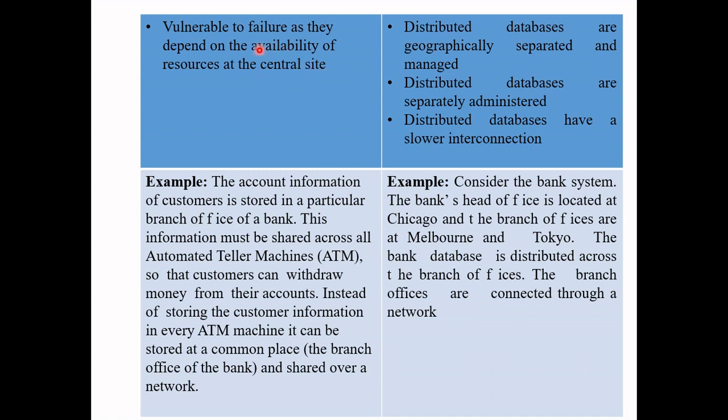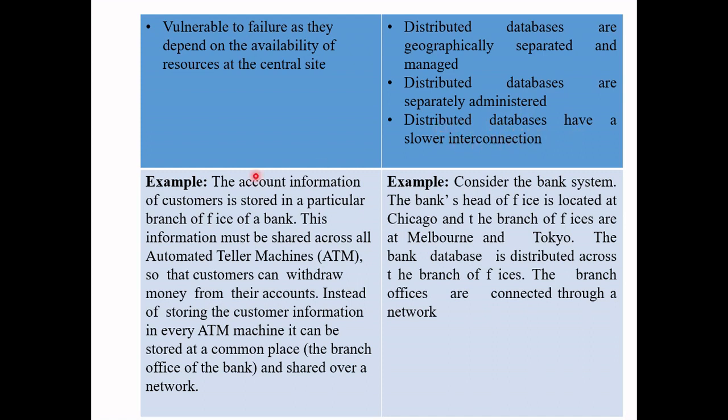Here we have one site, so chances of failures are more. Here distributed databases are geographically separated and managed. So different computers are connected with each other, and the chances of failures are less. The distributed databases are separately administered. Distributed databases have a slower interconnection.